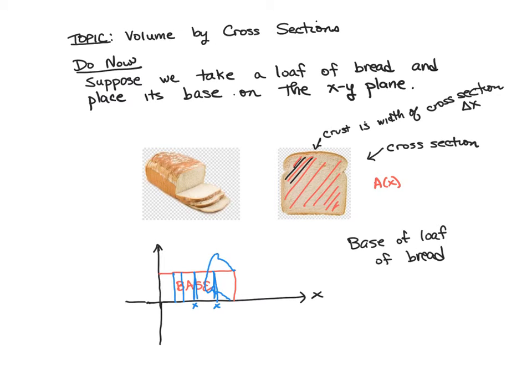And when the number of cross sections increases without bound, then we have the definite integral. So to approximate the volume of this loaf of bread, we will sum up all the cross sections from x equals a to x equals b. And let's take a look at that on the next page.